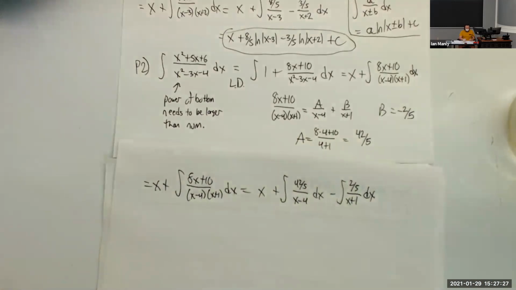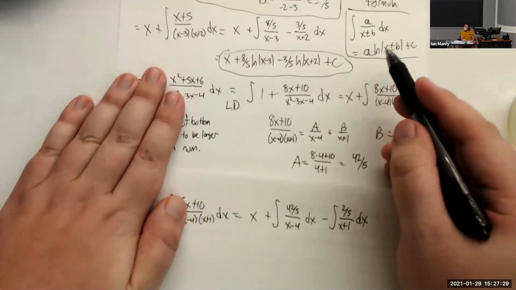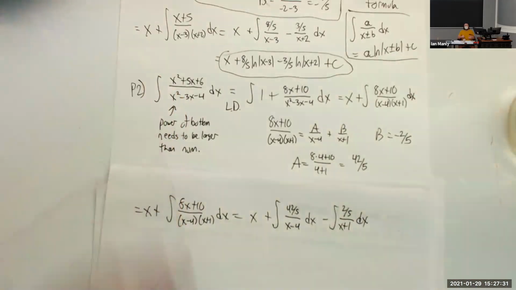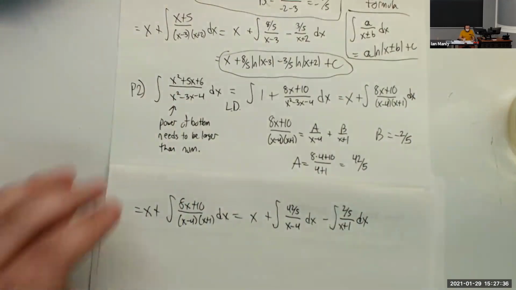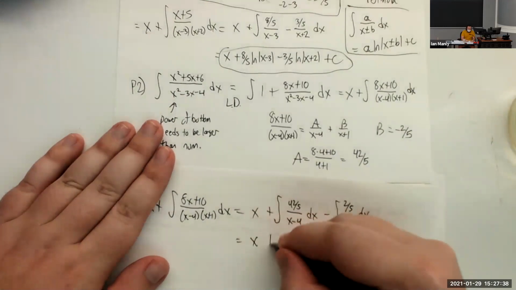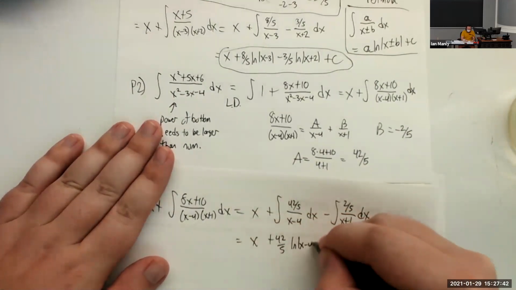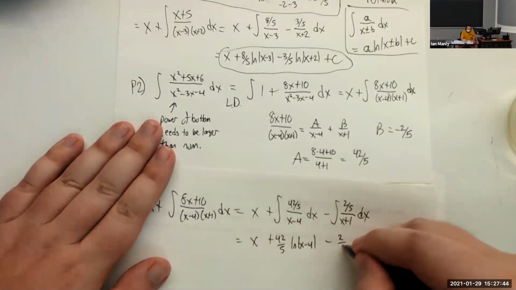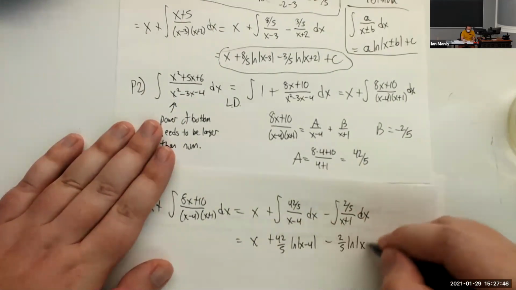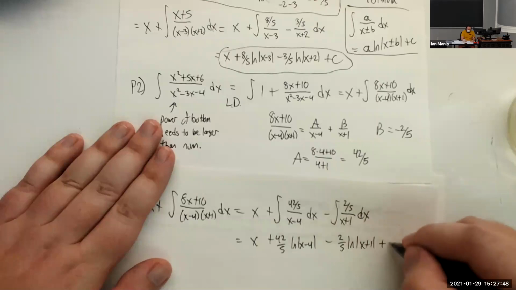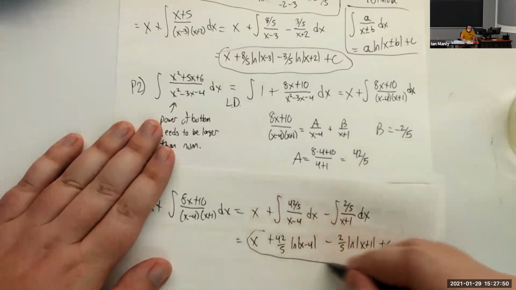These fall into the paradigm that I described earlier. If we have the integral of a constant over x plus or minus something, that will turn into natural log. So we have x plus 42/5 ln of absolute value of x minus 4 minus 2/5 ln of absolute value of x plus 1. There we go.